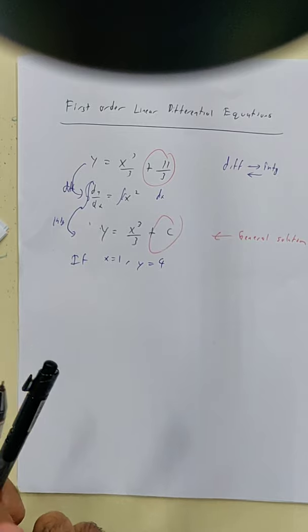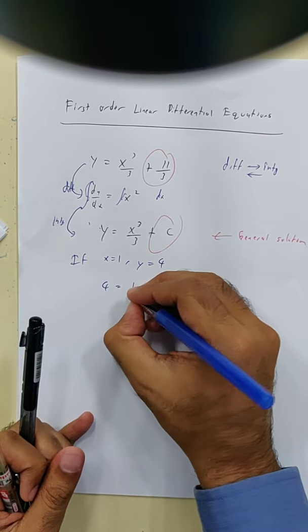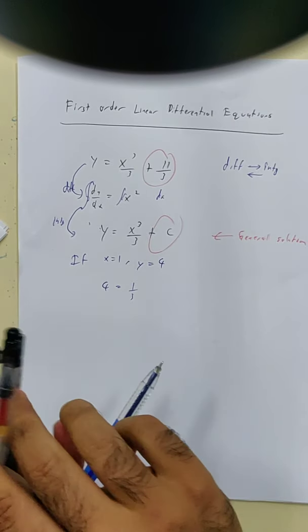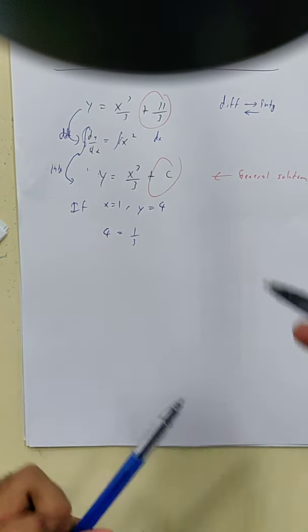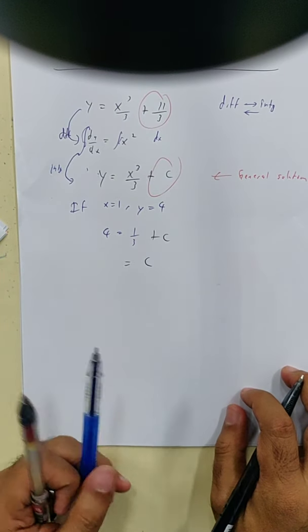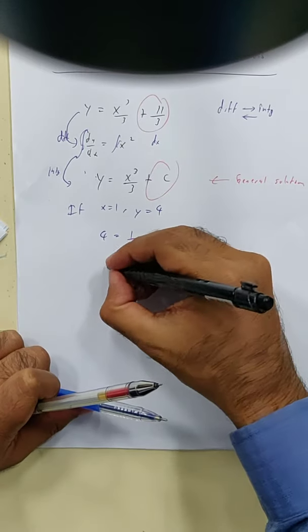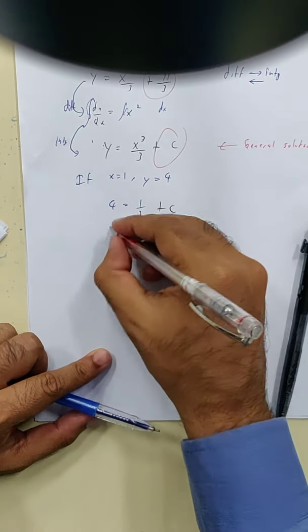So you got 4 equals 1 over 3 plus c. So that makes c equal to what? 11 over 3, I guess. And where should you put this value in?